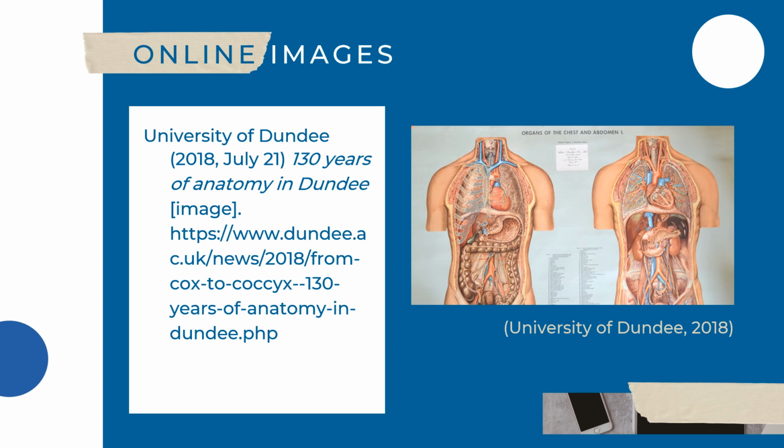Once you have the author, you should follow this with the date. Similarly to websites, this should be the date of the information. So, for example, the last updated, the last amended date, or the copyright date. This should be in brackets as year, comma, month, date. Next comes the title or name of the image.